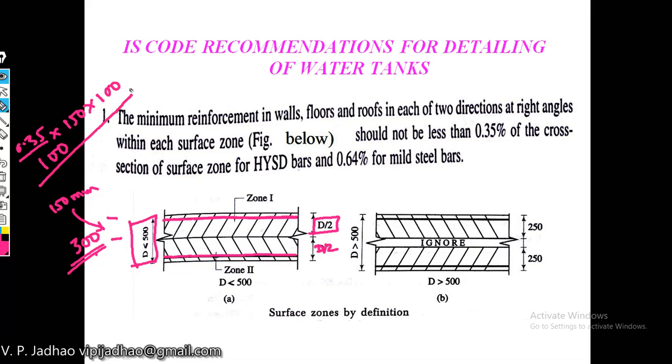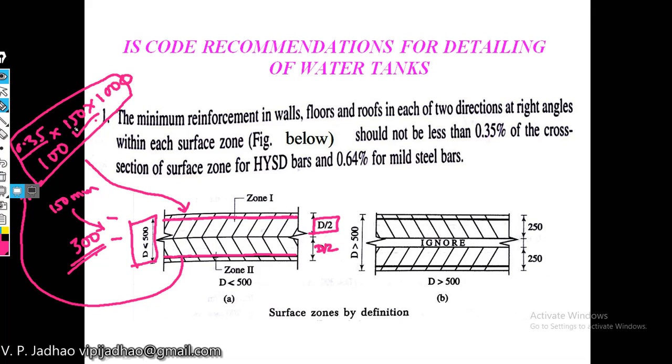So this much steel is required to be provided. If 0.3 meter thickness of member is there, then this top reinforcement will be provided with this amount, whereas this bottom reinforcement will again be provided with this amount only, that is 0.35 into 150 into 1000. Sorry, this should be 1000. This is width.